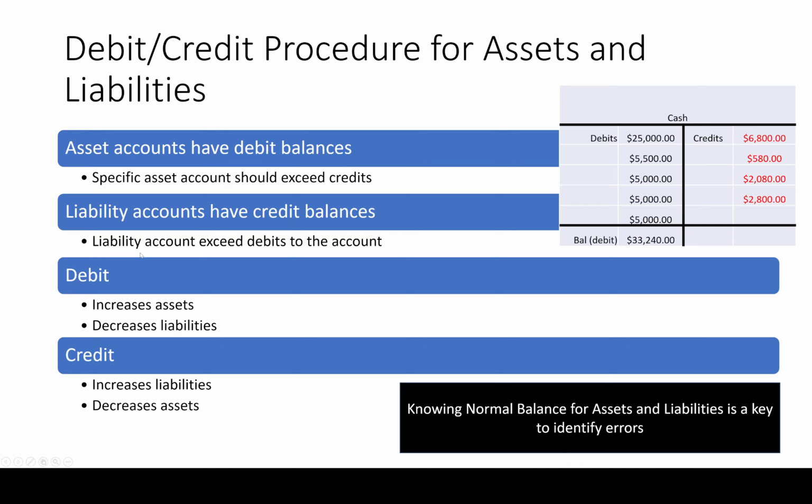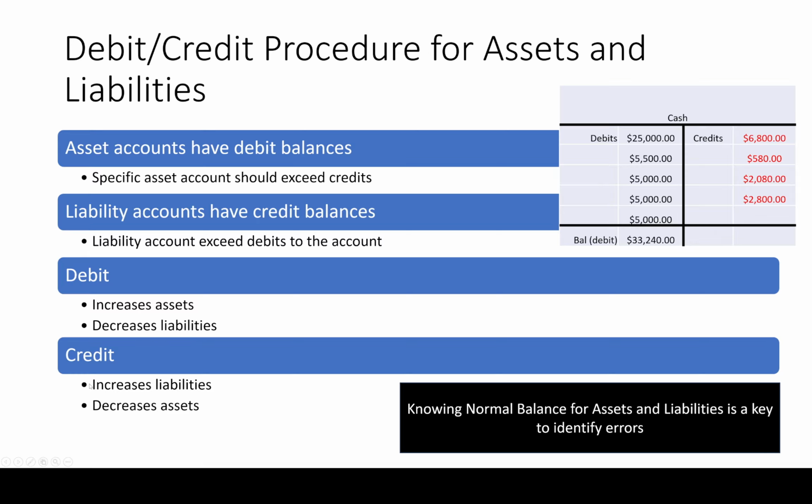So let's say when the liability has a credit balance, that means it exceeds the debits on the account. I will also show you shortly in the next slide. What you need to take away from here is that whenever you have an asset account, debit increases assets and debit decreases liabilities.